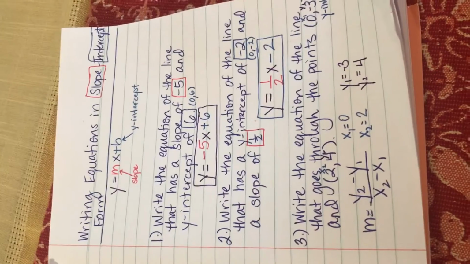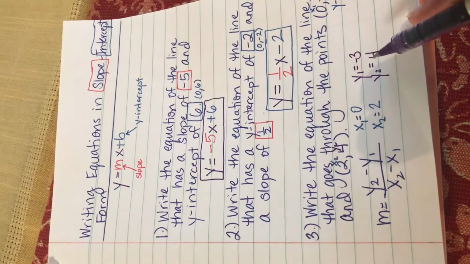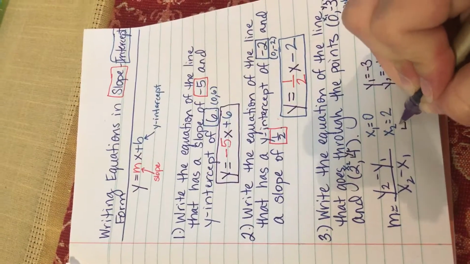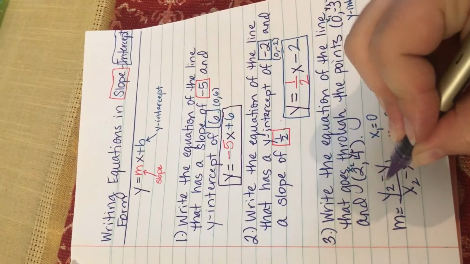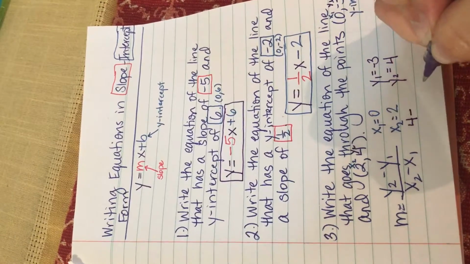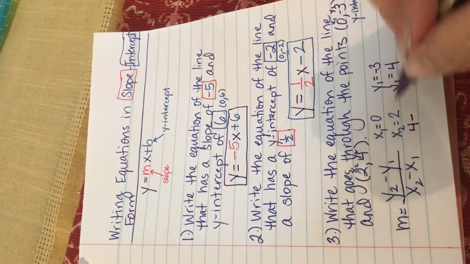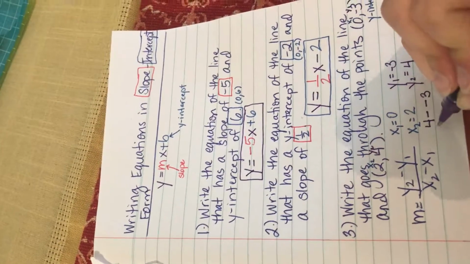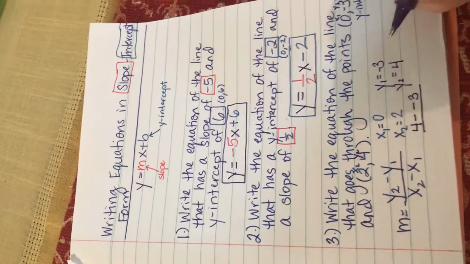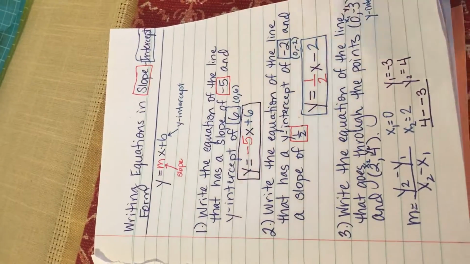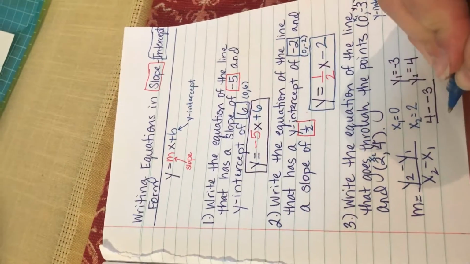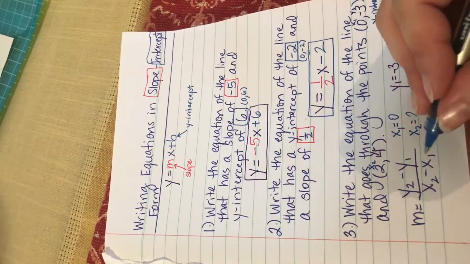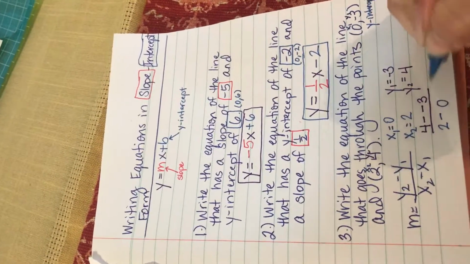And then I'm just going to put them right into the equation. So the first number that they want is a 4. So I'm going to write 4. And then there's a minus sign, so I'm going to write minus. And then y1, which is -3. Then it says divided by x2, which we said is 2, minus in the equation x1, which is 0.